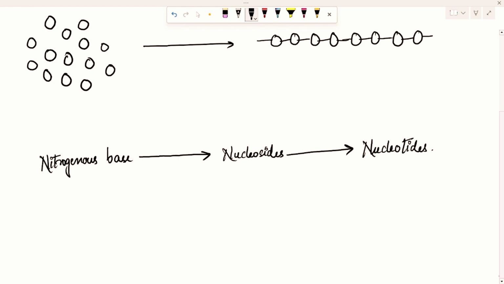It's a two-step process. Something gets added to the nitrogenous base and a nucleoside forms, and then another thing gets added to the nucleoside, which gives rise to nucleotides. Now let us see in detail.